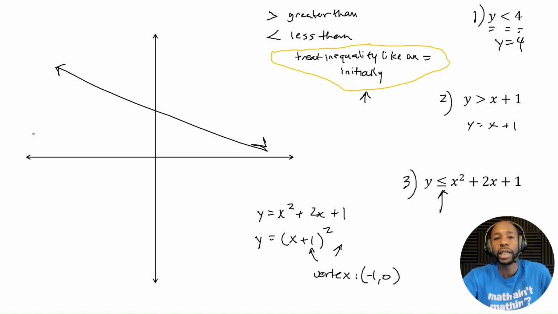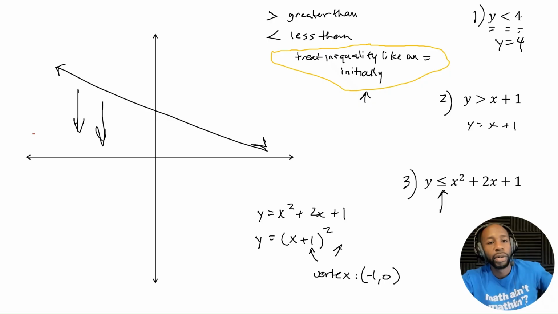And you're like, where are less than values? It's going to be underneath the graph. Why? Because we're talking about lower y values that are lower than the line, which are underneath in the negative y direction, if that makes sense.